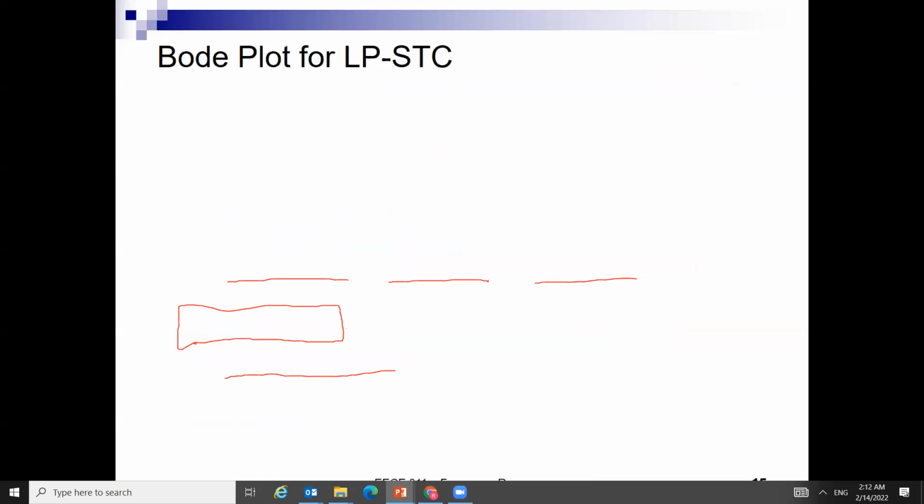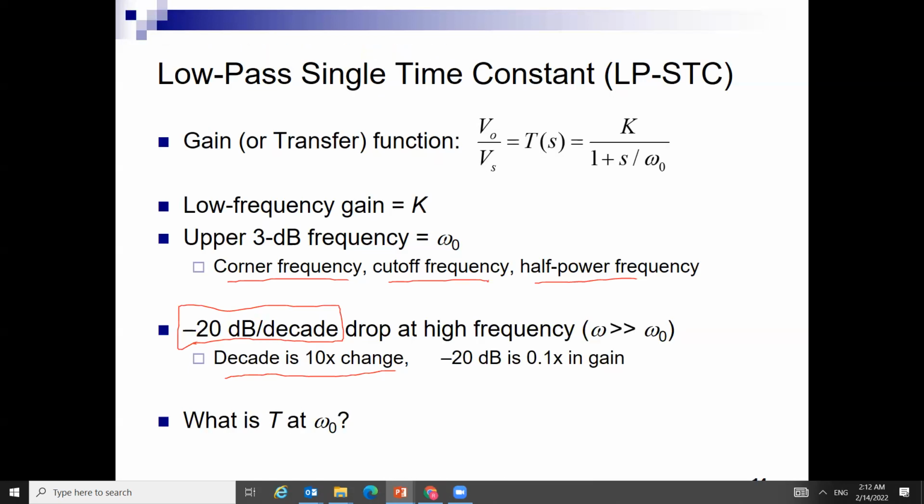And we studied that at omega 0, we are at the minus 3 dB frequency.